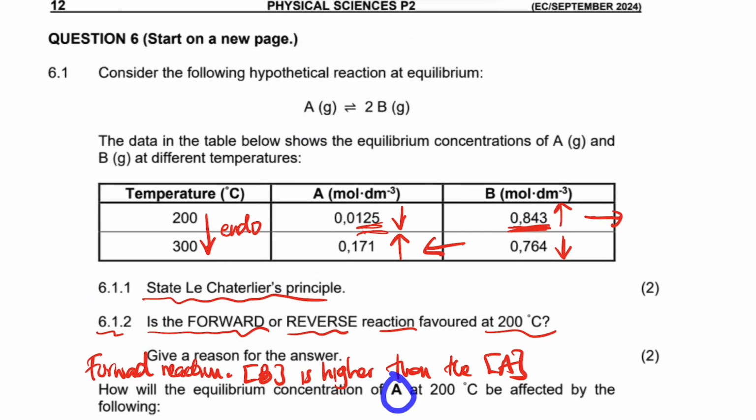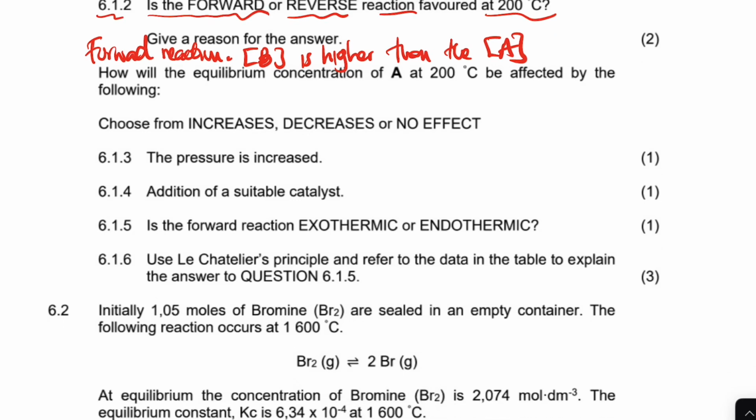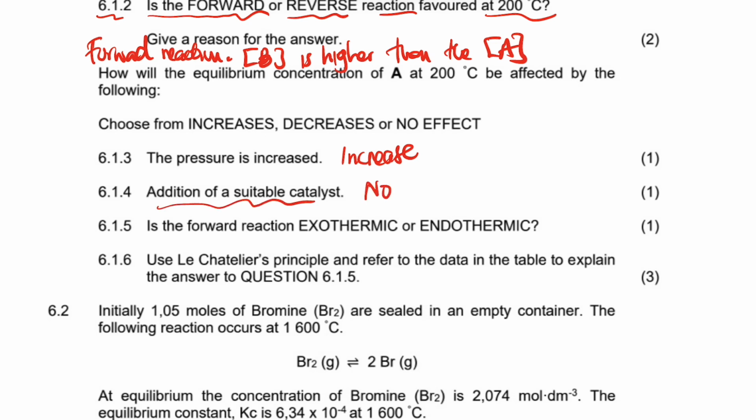The increase in pressure favors the side with the least number of moles, which is the reverse. Reverse will be favored. So if this is the side that is favored, the concentration of that will increase. So the answer there is increases. Right?